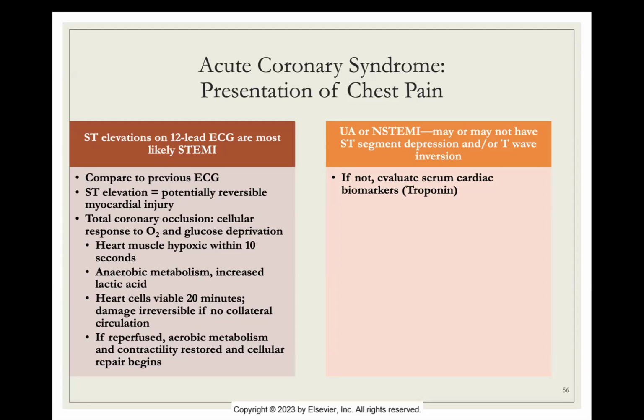But usually when we have the ST elevation on the EKG, it's telling us that there's myocardial injury that is potentially reversible, which means if we can intervene and get the artery open quick enough, we may be able to save some or all of that heart tissue that is experiencing a lack of oxygen.